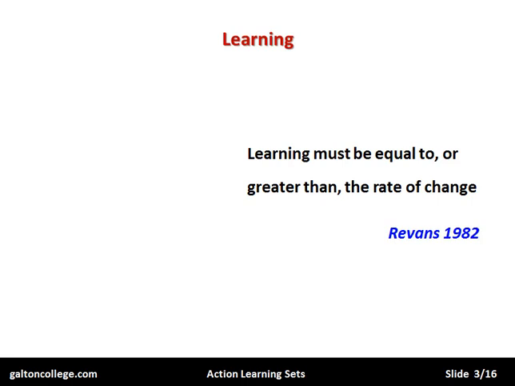Now, learning must be equal to or greater than the rate of change. It's by a famous writer in the area, but what it's saying is that learning should be greater than or equal to the rate of change. Learning must stay ahead of the rate of change.